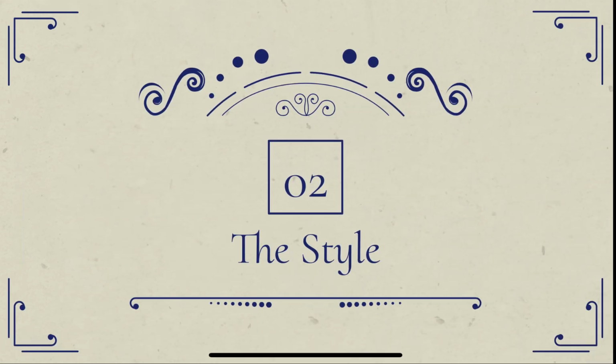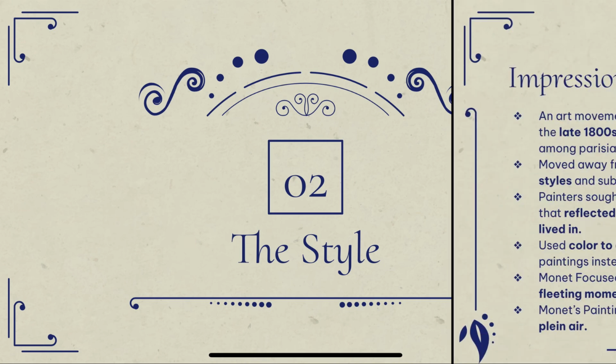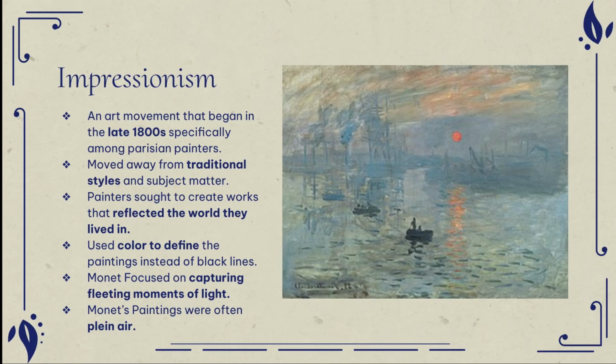So next we are going to discuss the specific style of the painting. The style of this painting is Impressionism. Impressionism was an art movement that began in the late 1800s, specifically among Parisian painters.